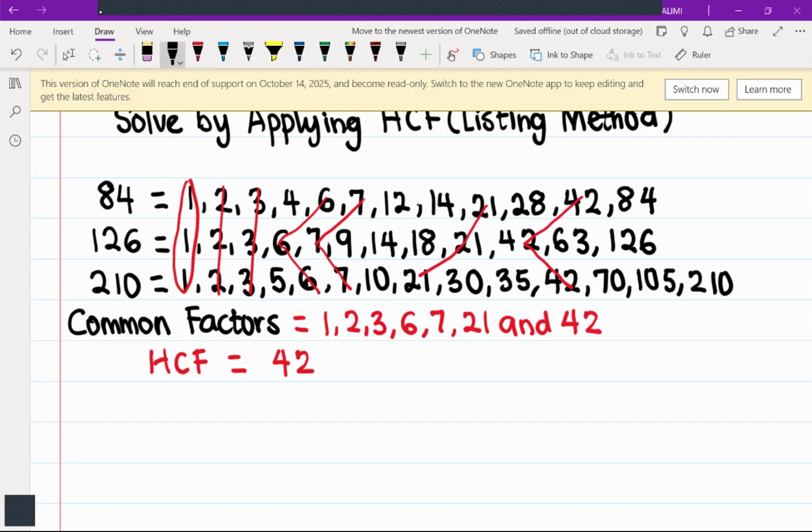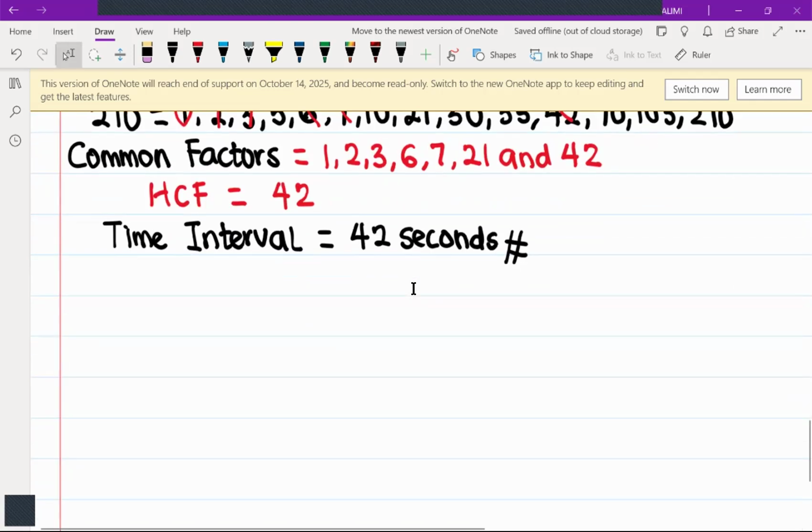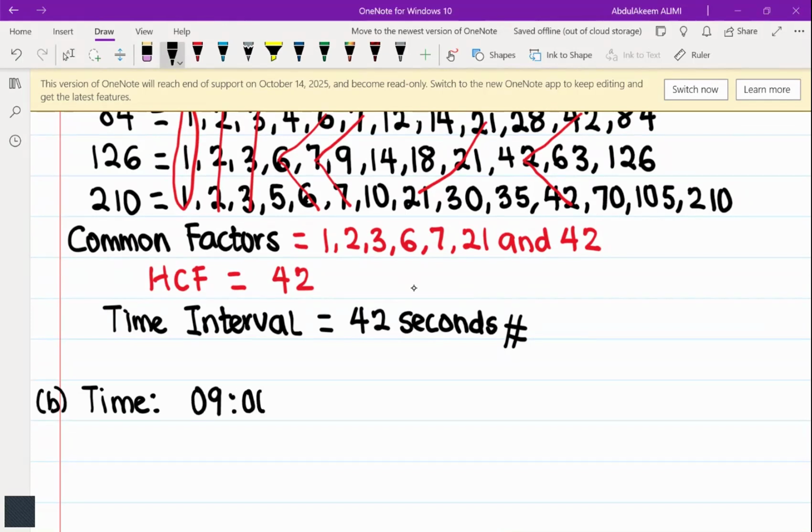The question says after what time interval? So that means the time interval here is equal to 42 seconds, since the values there are in seconds. We are given 84 seconds, 126 seconds, and 210 seconds. So what is the last question we have here? They said, at what exact time? And we are told that the initial time we are given is 09:00:00 AM.